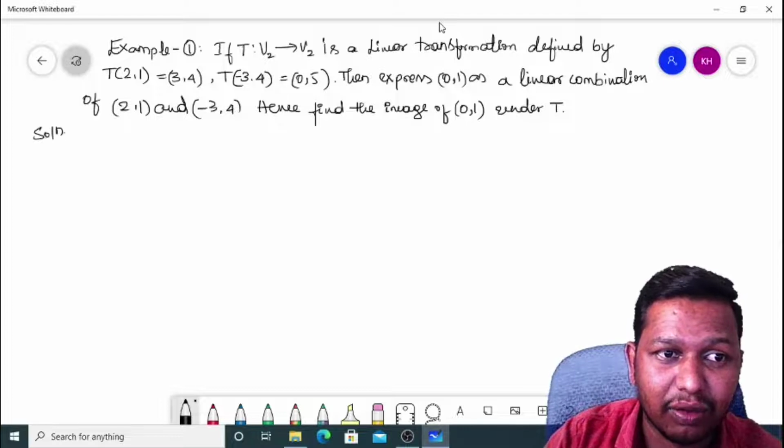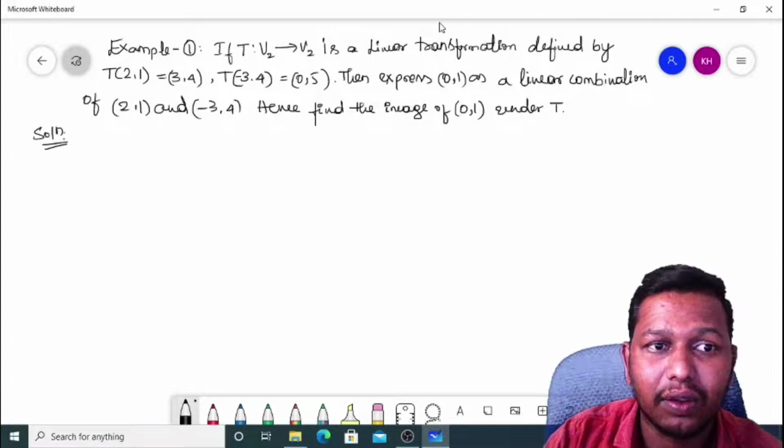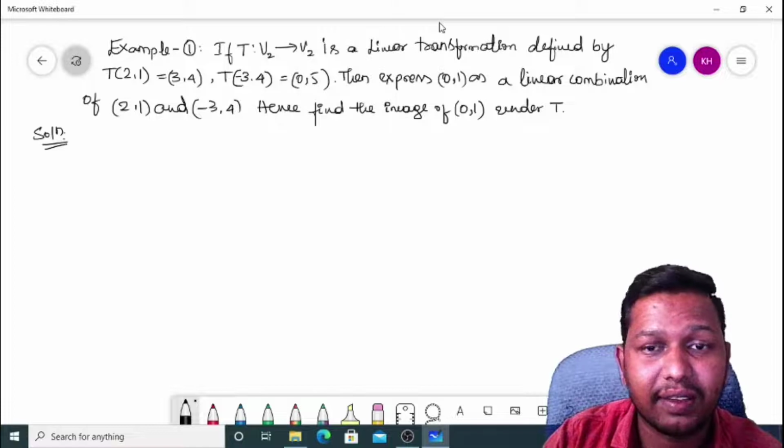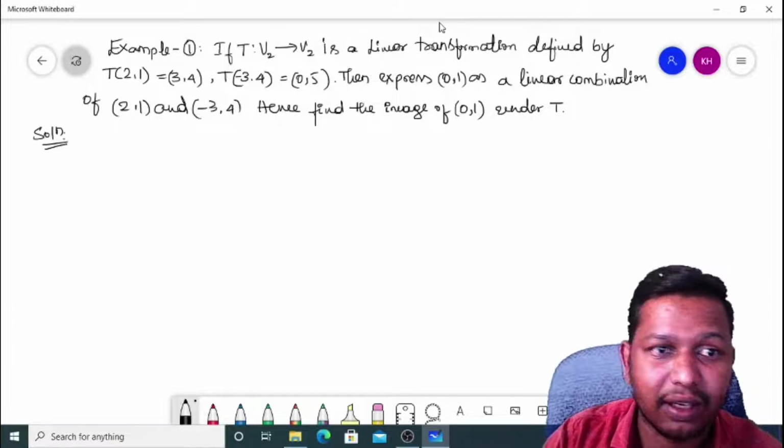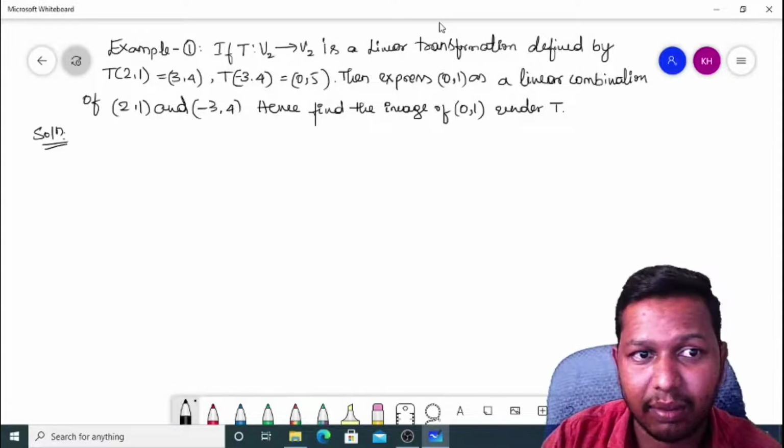Let's see the solution for this one. So first we need to express (0, 1) as a linear combination of (2, 1) and (-3, 4).